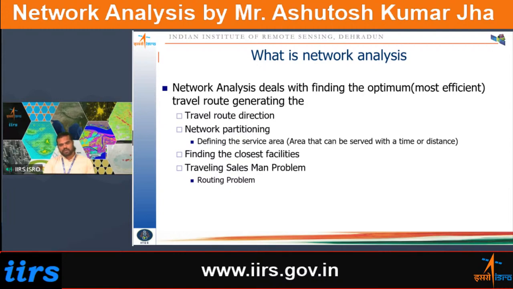Then we have the traveling salesman problem, which is again a modified routing problem. In this case, you'll have a few destinations, a specific start time and stop time, and a requirement to have a route plan in such a way that there will be a few stopovers in between some places.